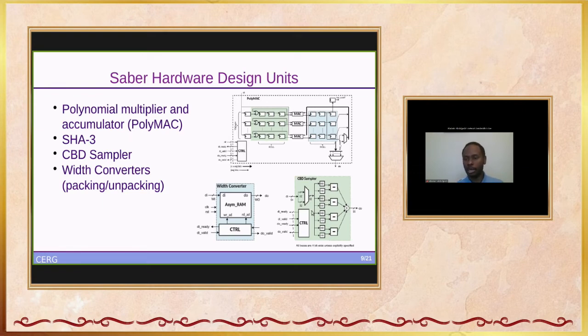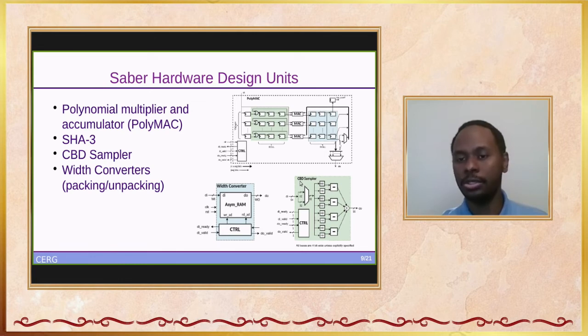We have also the sampler, which is responsible for getting the binomial samples, and it receives its input as uniform samples, and then it will calculate from those samples the binomial samples. We have also the width converters that I just discussed, and they are responsible for packing and unpacking polynomials from memory.